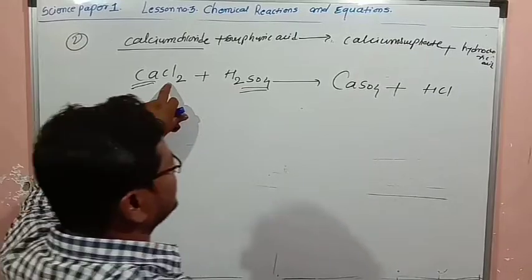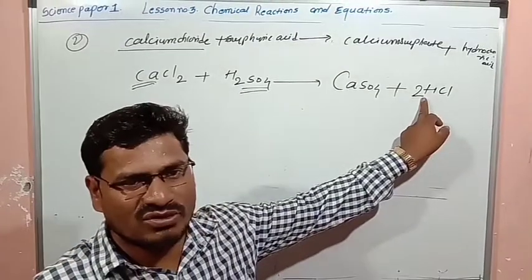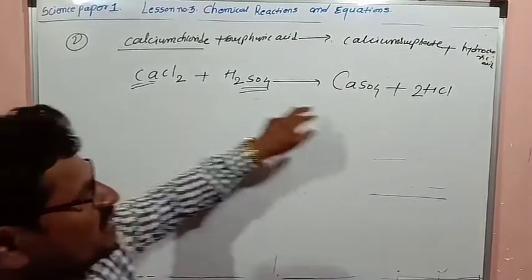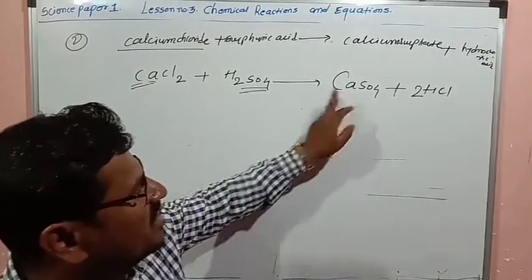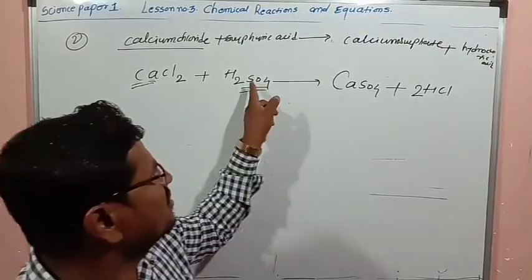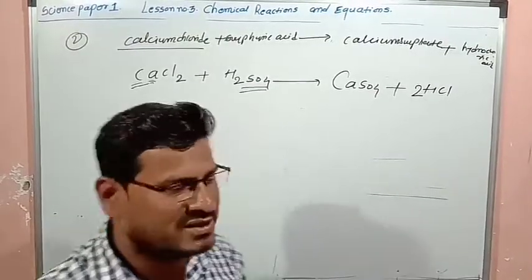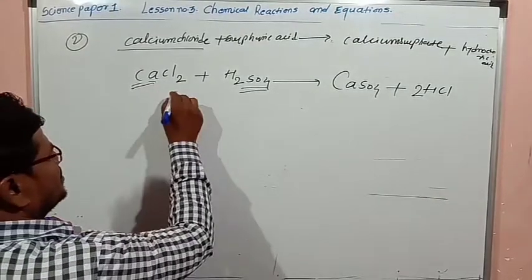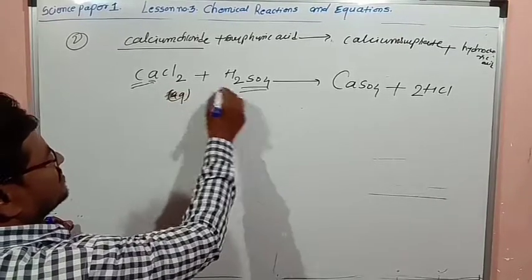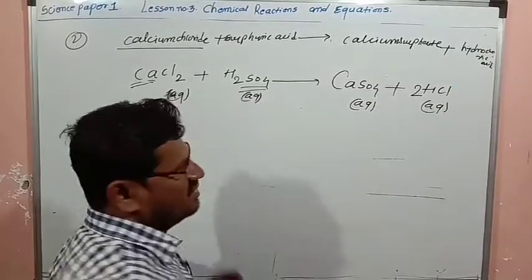Here 2, here 2, so 2HCl: 2 hydrogen, that's why you have to multiply by 2 here. So Ca 1, calcium 1, chlorine 2, hydrogen 2, sulfur 1, SO4. So this is the chemical equation, and it is balanced. Here it is solid, and you will take an aqueous solution here, here also aqueous, and here also it will be in aqueous state.